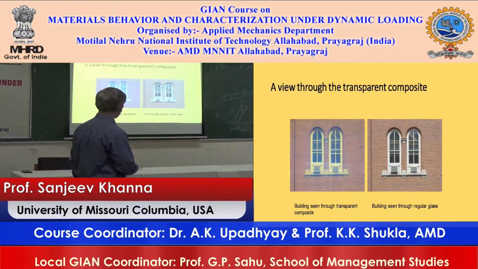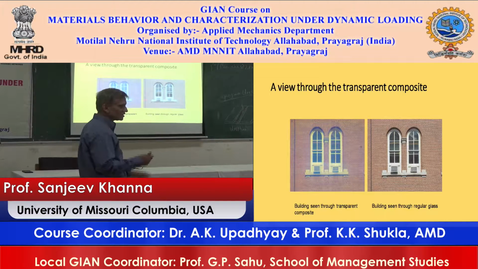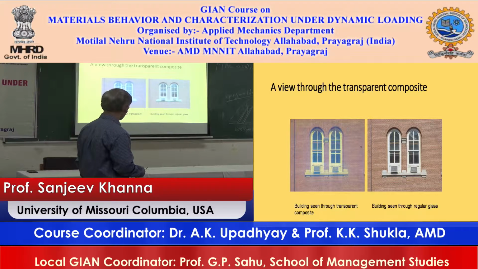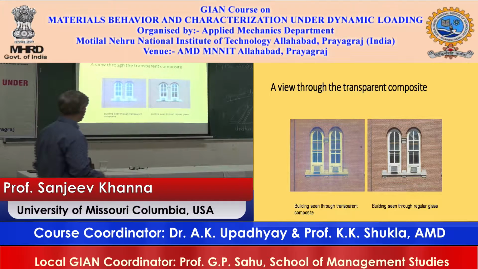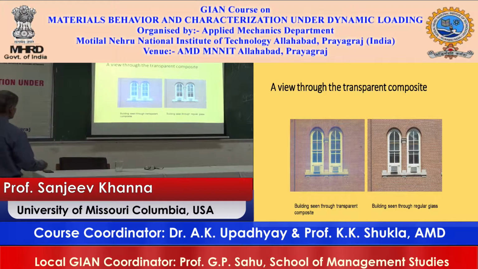As you can see, it is transparent, but there is some coloration to it. There's a little blue tinge or hue, and a loss of some of the features, a little haziness. But by and large, you can still see most of the things that you would see on this side.